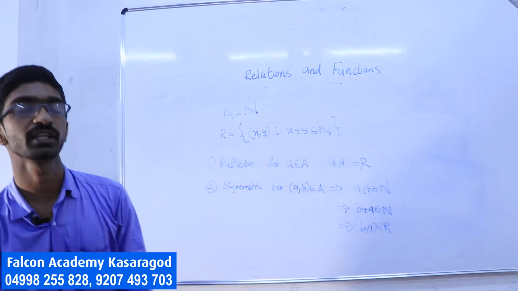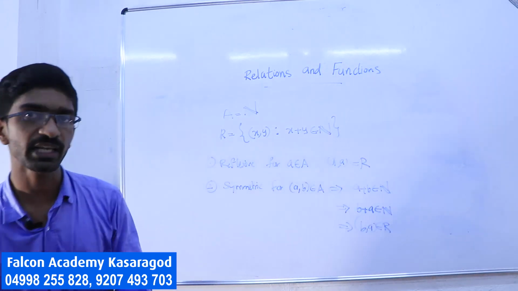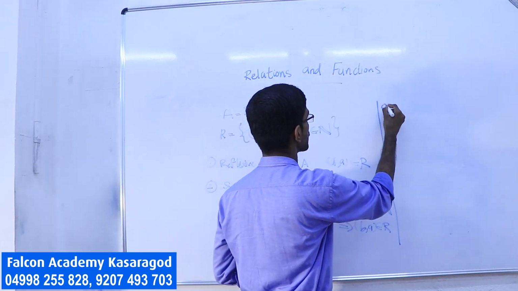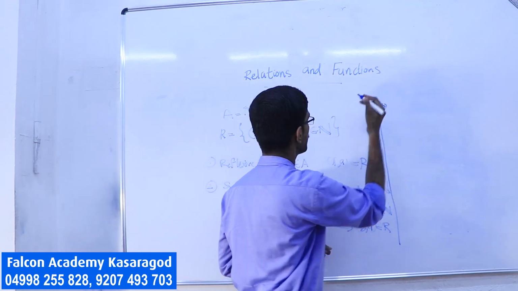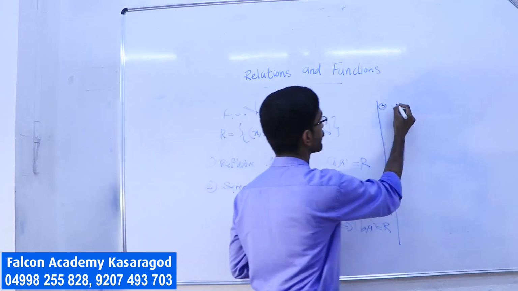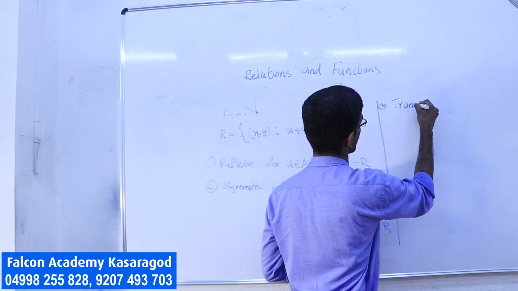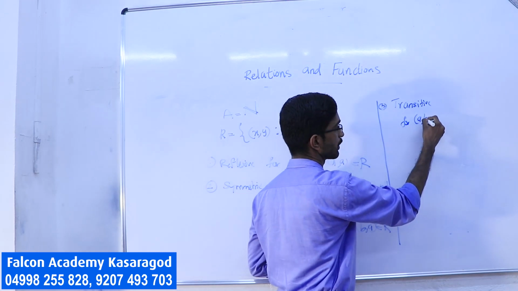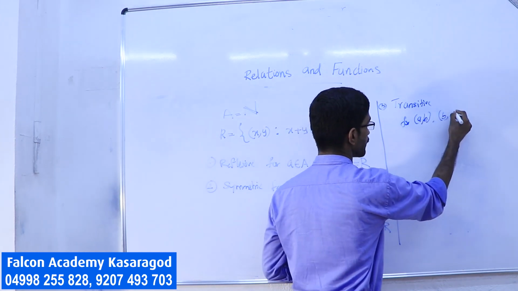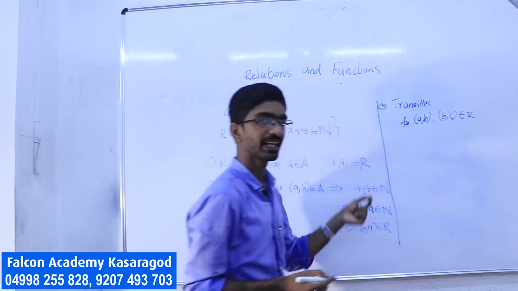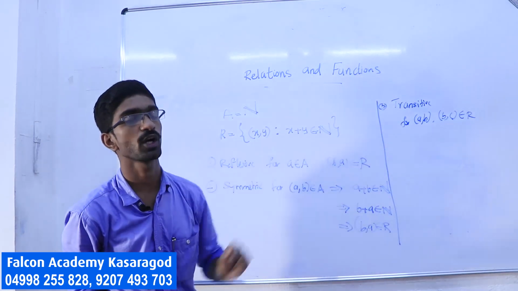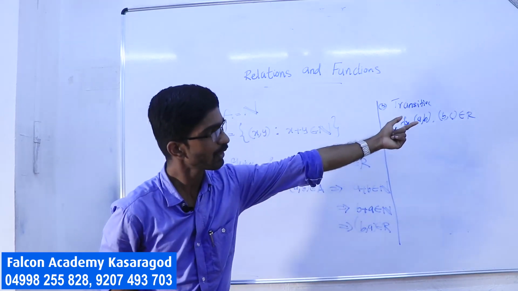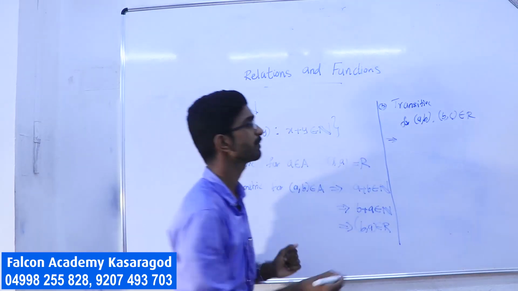Now, the third condition, that is transitivity. So we can check. For AB and BC belonging to R, let AB and BC be the two elements which belong to R. Then this will imply that AB belongs to R means A plus B is a natural number.